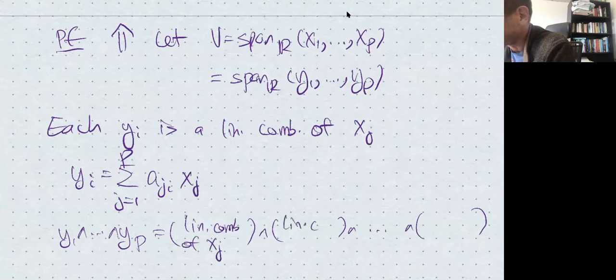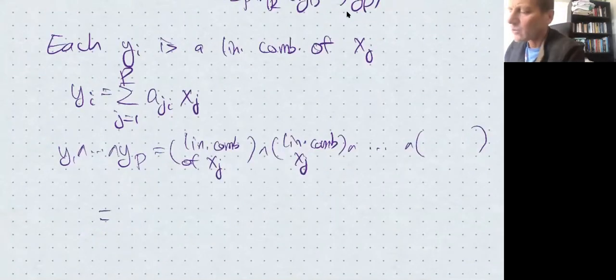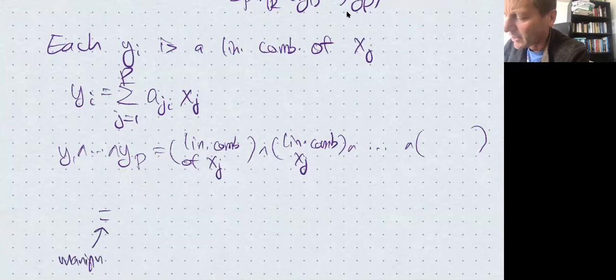In each one of these situations, we have linear combinations of xj's. And so now we can use multilinearity. I'll just manipulate using multilinearity.